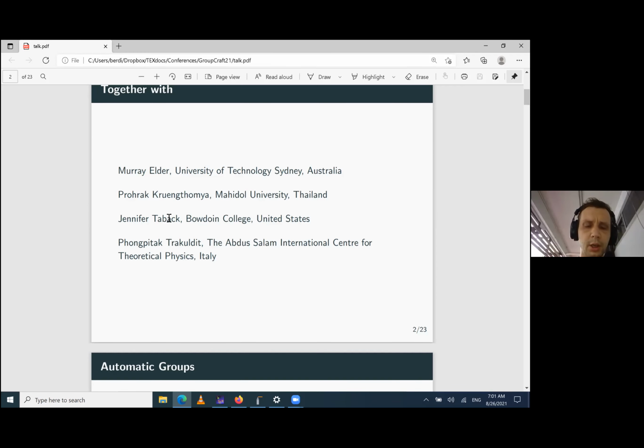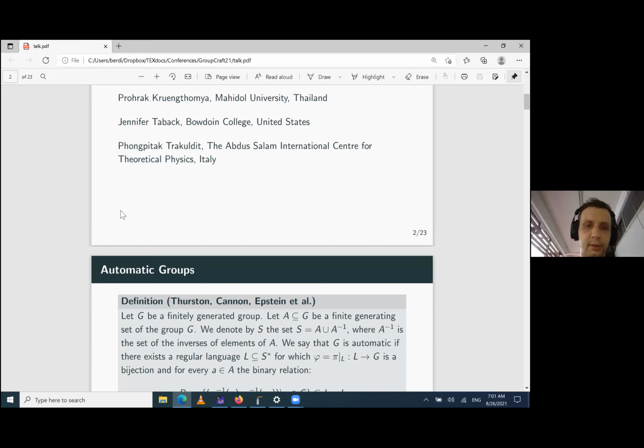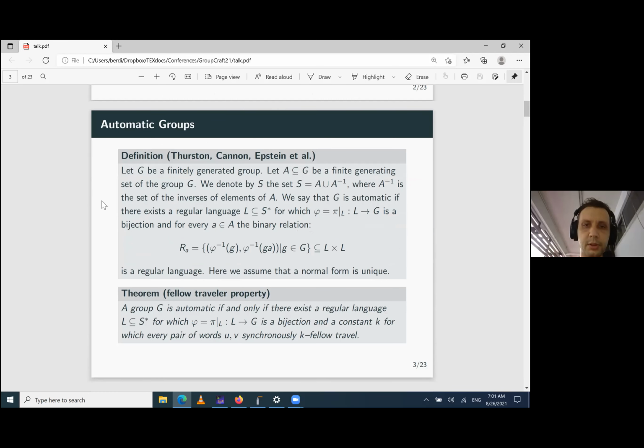Before I start, I have to recall a basic classical concept, the definition of automatic group. It was introduced around the 80s by Thurston, Cannon, Epstein, and others. The idea is that for every group element, you can assign a normal form such that the language of normal forms is regular.